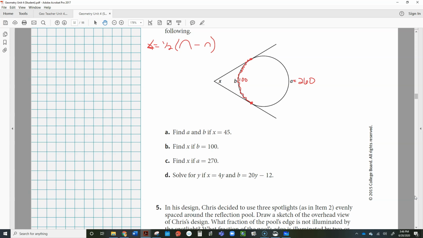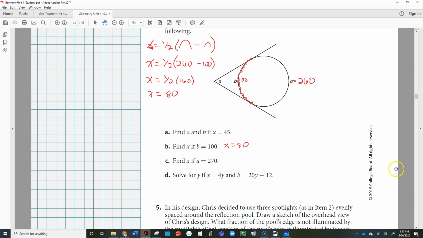So here's the formula, and this time they want us to find X. X is the angle measure, and the big arc is 260, the little arc is 100, and so X is equal to half of 260 minus 100, which is 160, and then half of 160 is 80. So X is 80. Okay.